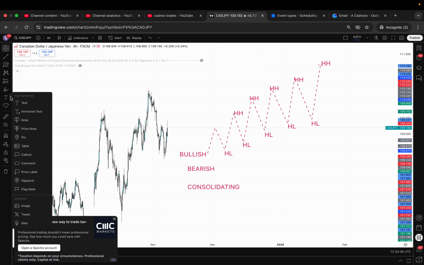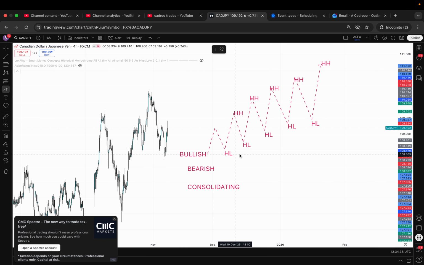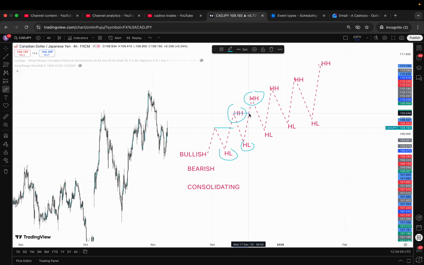So here we can see that this is a higher low and this is a higher high. Why? Because this high is higher than the previous high. Simple as that. This is a higher low, this is a higher high. Why? Because this high is higher than this high. Simple.